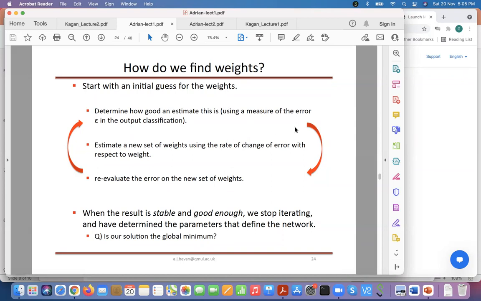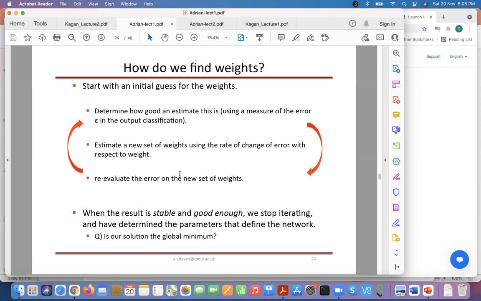So the point is, we talked of the loss function, having contribution from the bias, variance, and so on.